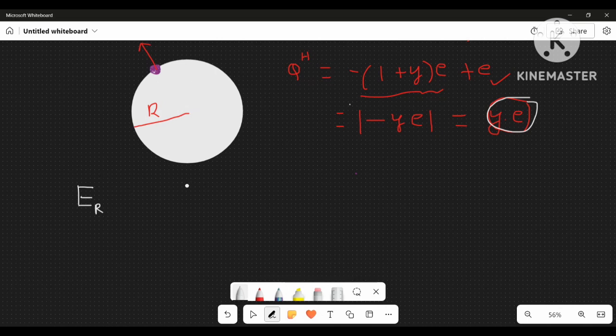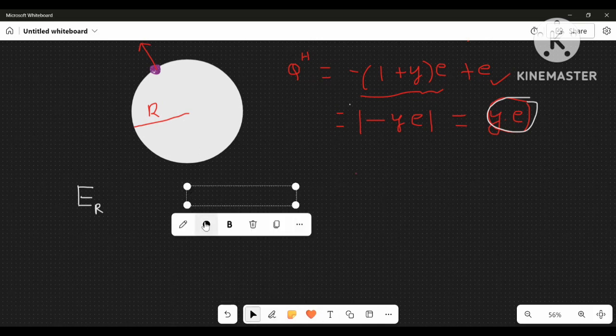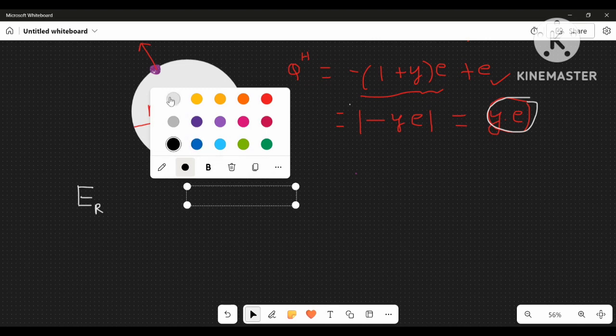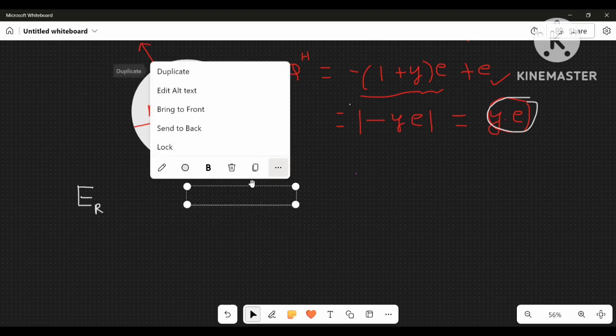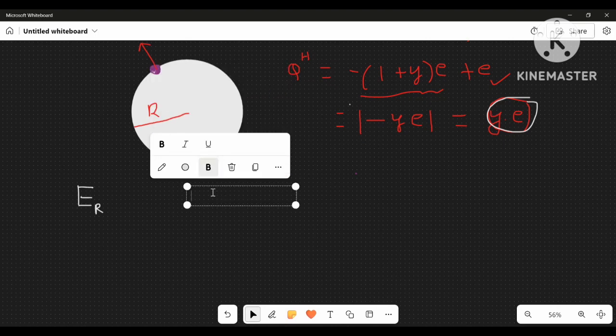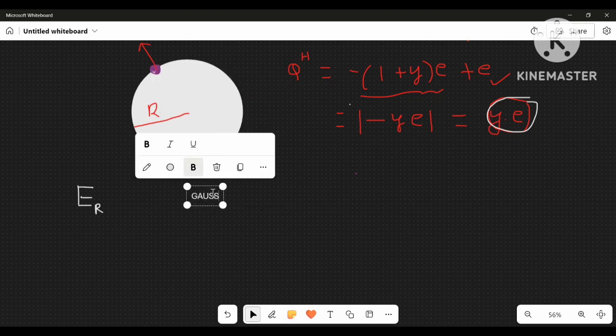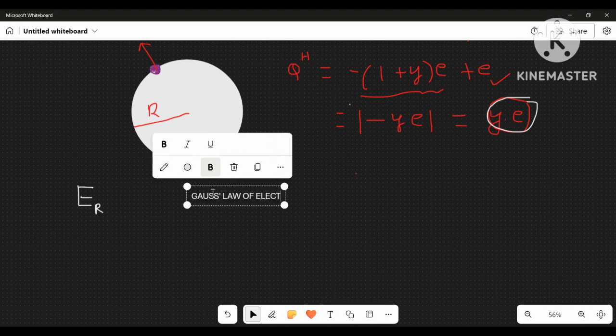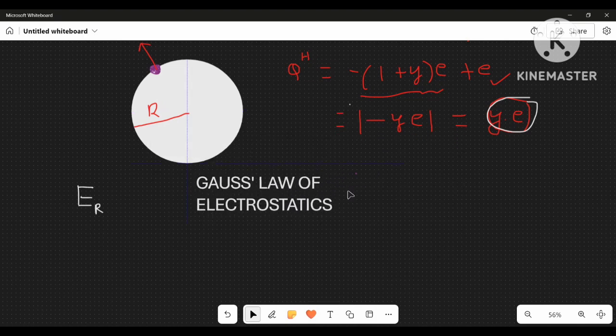We can use Gauss's law. Let me write it out. So, Gauss's law of electrostatics. What does Gauss's law of electrostatics give us?